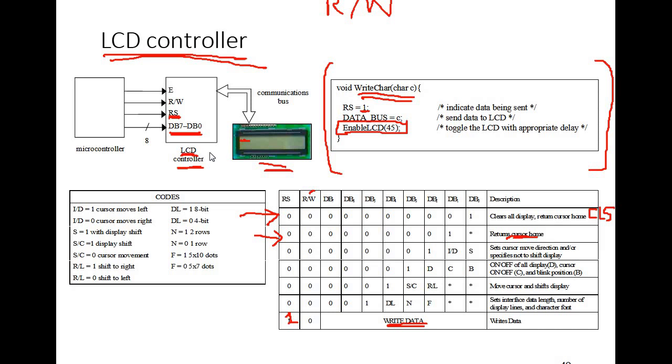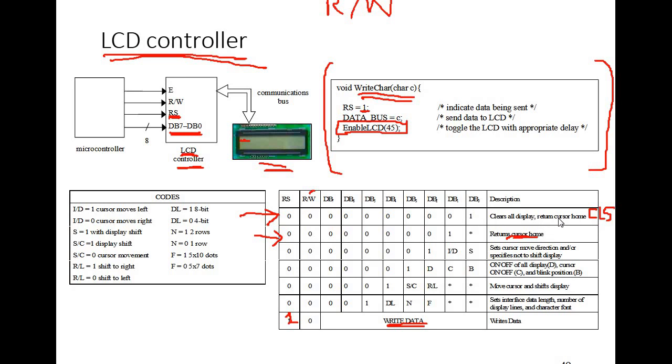Okay. So there are some commands. If RS is 0, we are selecting the command option, right? And if this R/W is 0, we are writing to the LCD controller. This is the command that we want to write, given by data bits 0 to 7. And what is the command?